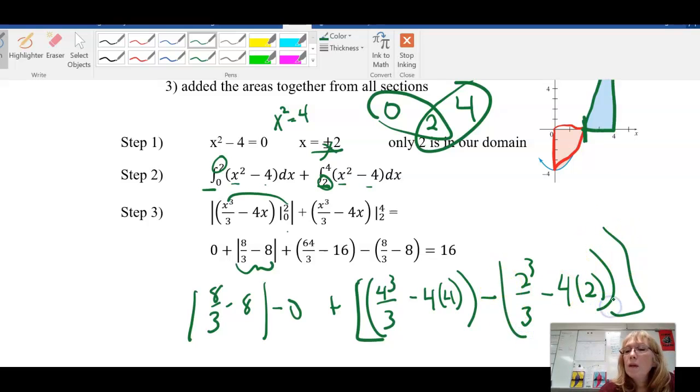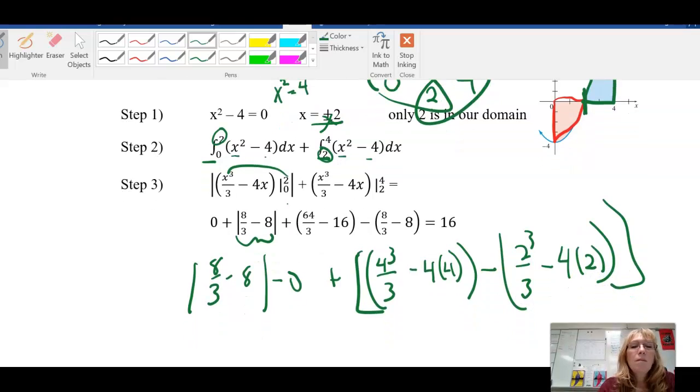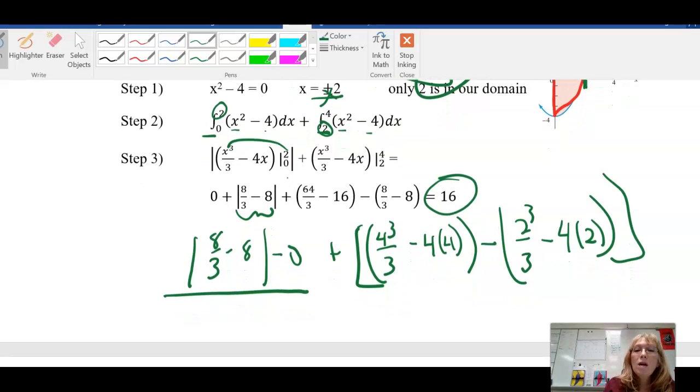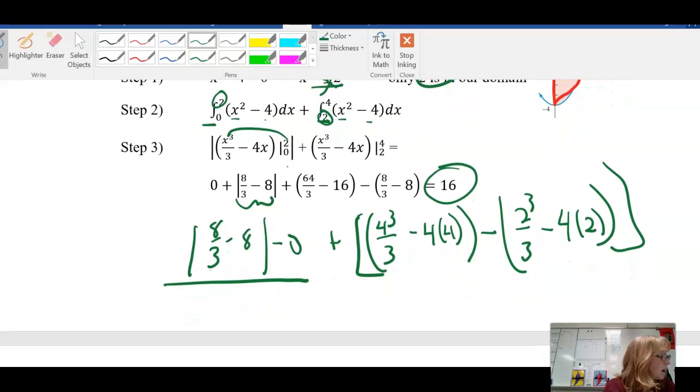All right, now we got our parentheses all in the right spot. Type that onto the calculator, and you actually get 16. Do not forget that this is negative right here. That has to be made positive. Okay, so if you don't have a calculator that does that, you type that section in first. So you take the 8/3 minus the 8, and you make it positive.